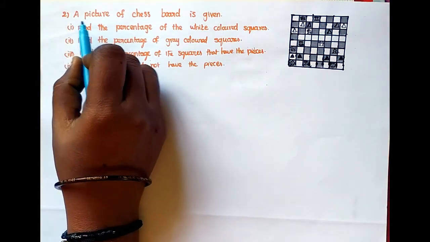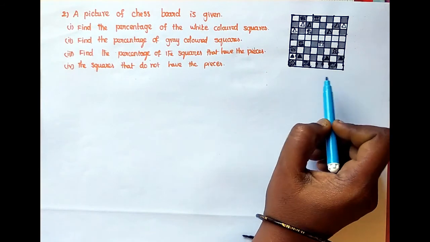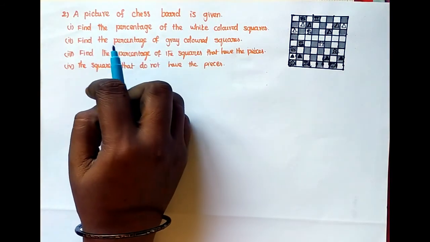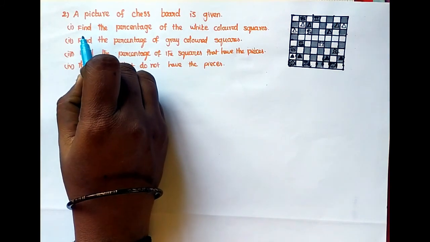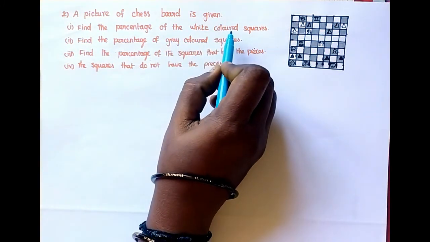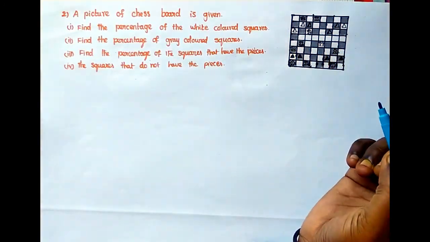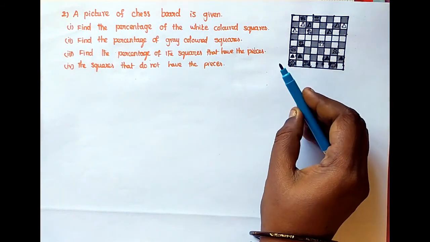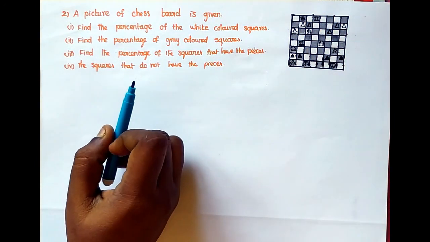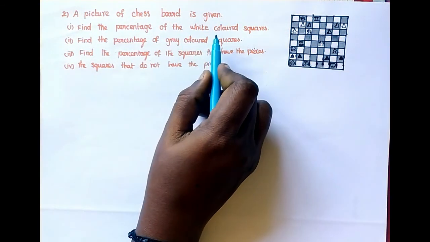Second sum, a picture of a chessboard is given. Here they have given the chessboard. From that they ask the question, first subdivision: find the percentage of the white colored squares. In this board, white color and grey color are there. Now we have to find out the percentage of the white colored squares.